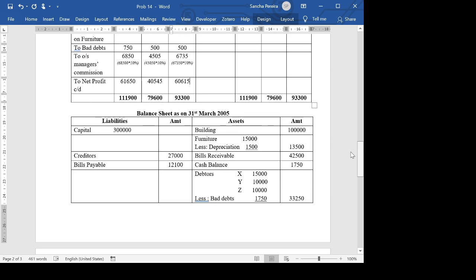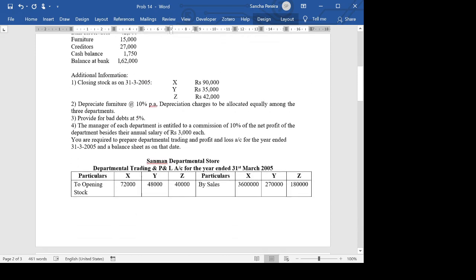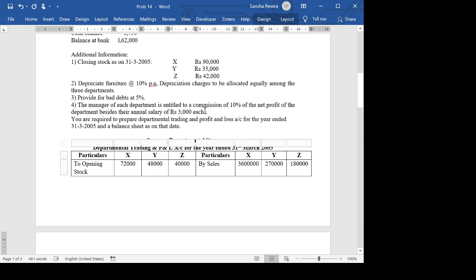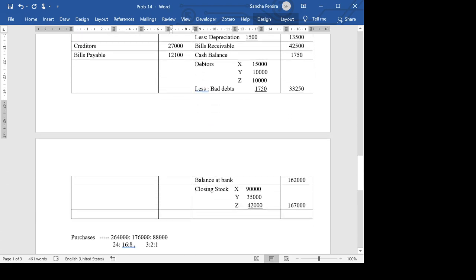Okay. Now, two things we need to transfer. One is this outstanding manager's commission because it's outstanding. What they have said, it's entitled. They have not yet paid it. And again, since it's the adjustment, it will have two effects. Why are we not showing any effect for this? Because this is already considered. This is just information given to us. This 3,000. But manager's commission has not been taken at all.